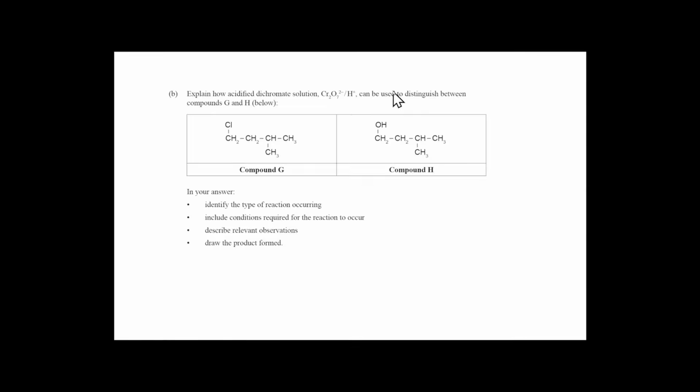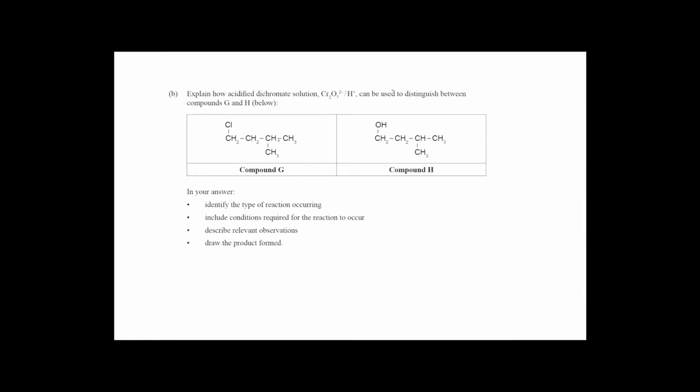So explain how acidified dichromate solution, which is Cr2O7 2- ion with hydrogen ion, can be used to distinguish between compounds G and H. It's normally actually potassium dichromate, but they seem to miss this out. Maybe not to get too hung up on it.